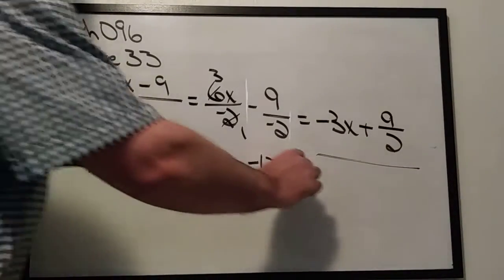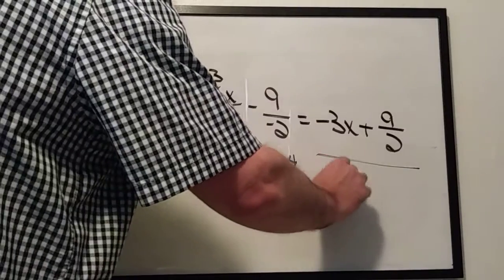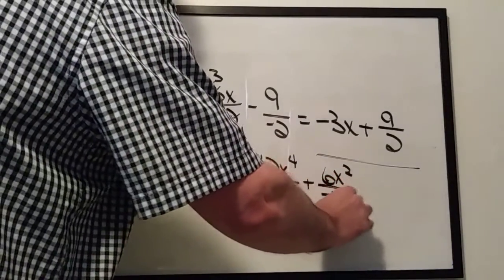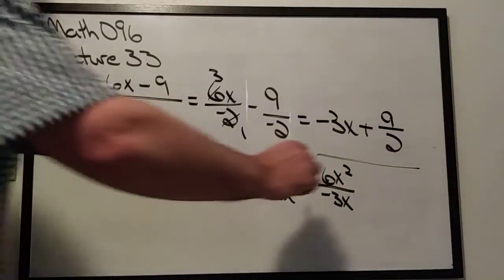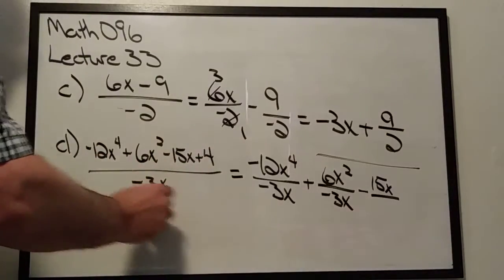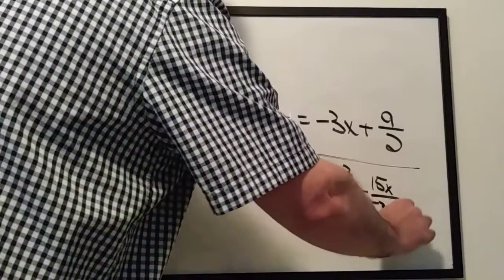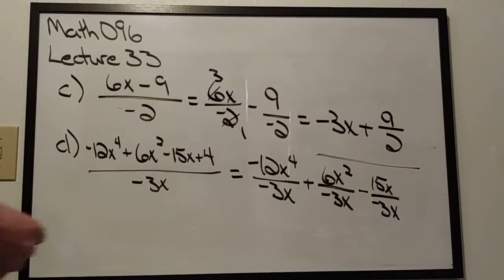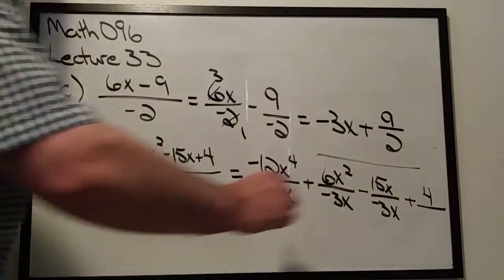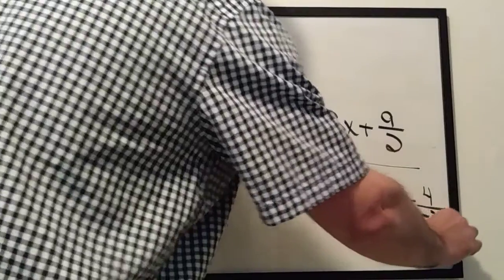The second term, positive 6x squared, is going to be divided by my common denominator of negative 3x. My third term, negative 15x, is going to be divided by the common denominator of negative 3x. And then finally, my last term, a positive 4, is going to be divided by my common denominator of negative 3x.